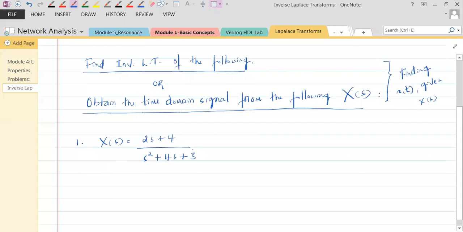Now we need to factorize the denominator. Which are the two factors? You can do that using the calculator, or manually, left to you. Use the calculators because you need to know how to obtain the roots using them. So the roots are -1 and -3.